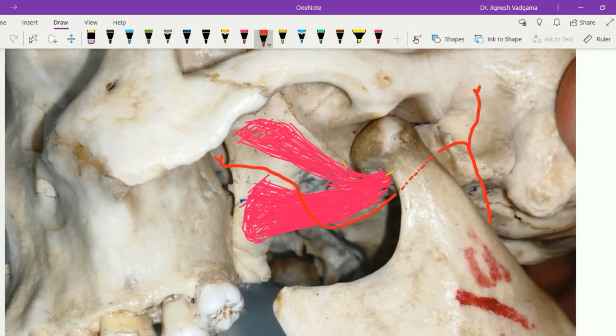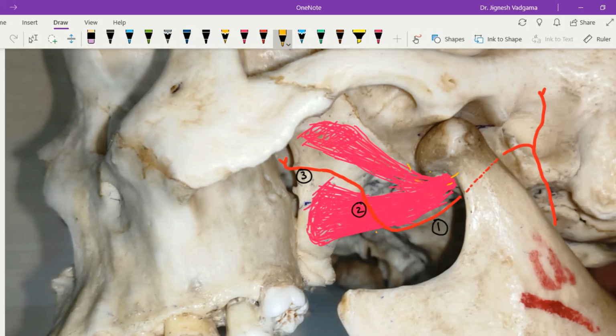So this lateral pterygoid muscle divides the maxillary artery into three parts. The first part lies below the lower head of the lateral pterygoid muscle. The second part lies superficial to the lower head, and the third part passes between the two heads of the muscle.